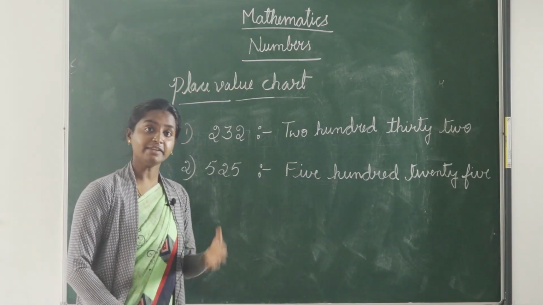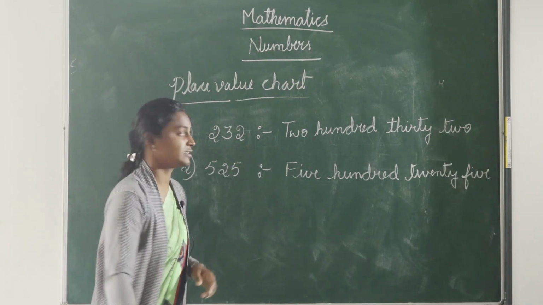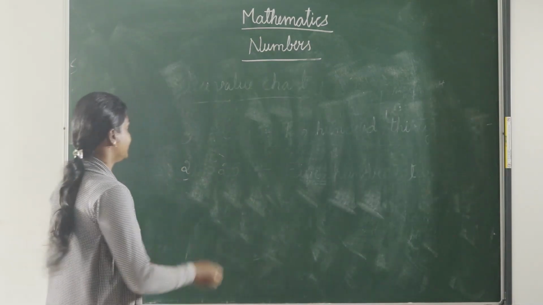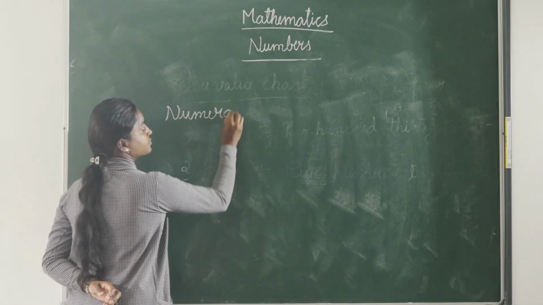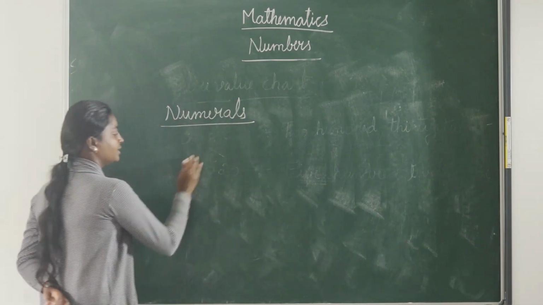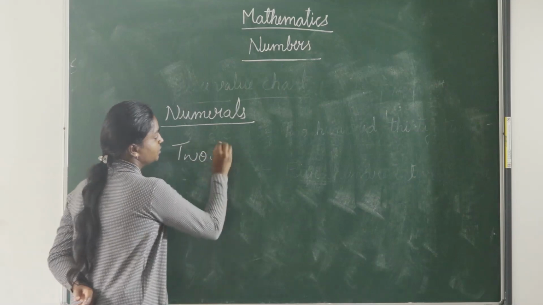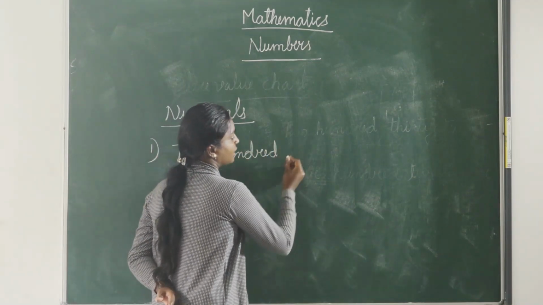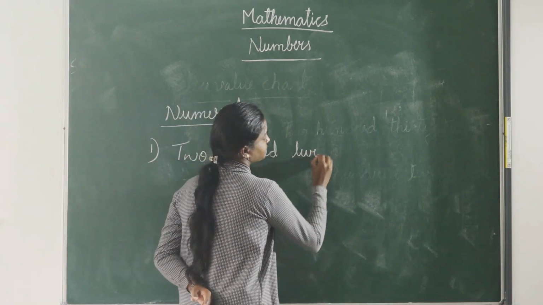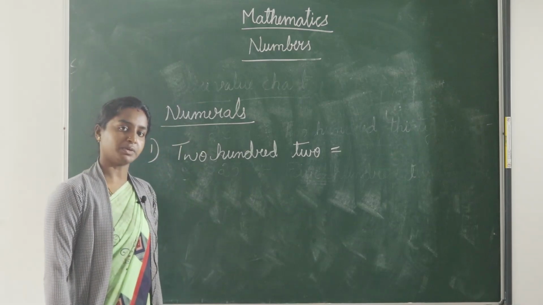If they have given in words, how to write in numerals or in numbers? That is, we have to write in numerals. For example, 202. So how to write this one in numerals?